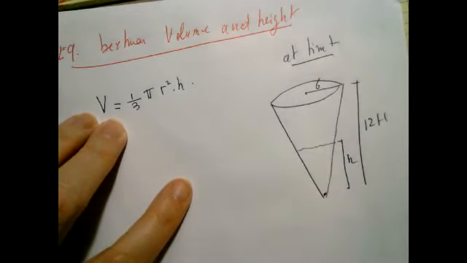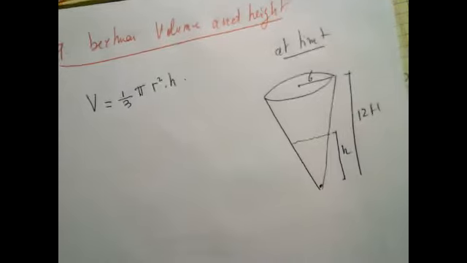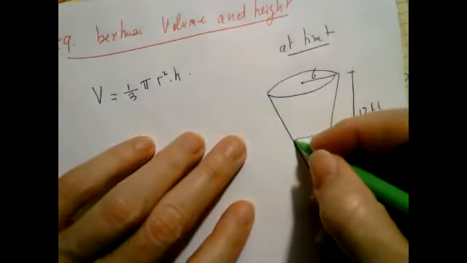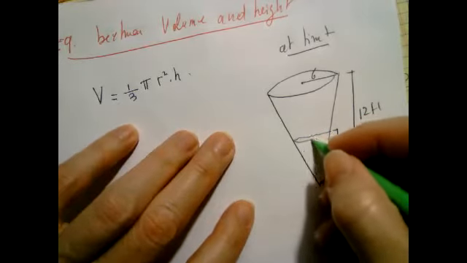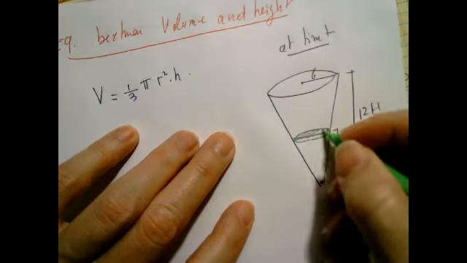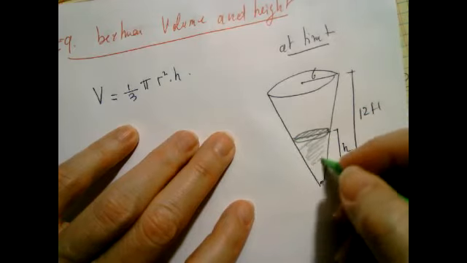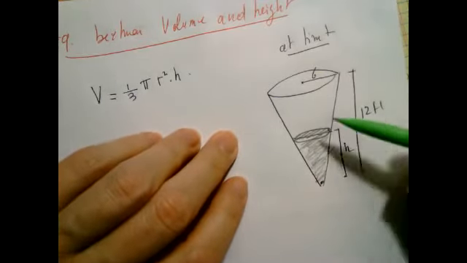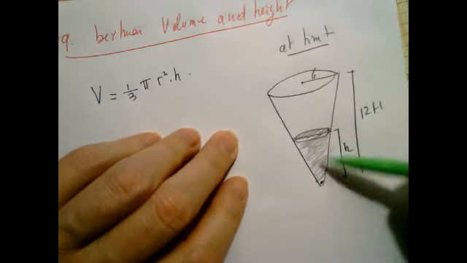Okay. So in this picture we have here, at time t, that's the water right here. So at time t, the water is up to here. That's what's happening at time t. And my job is to find the volume of the water at this time.